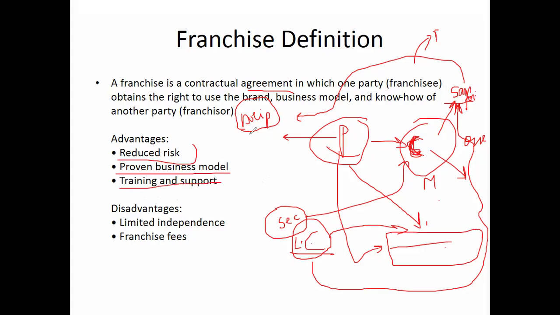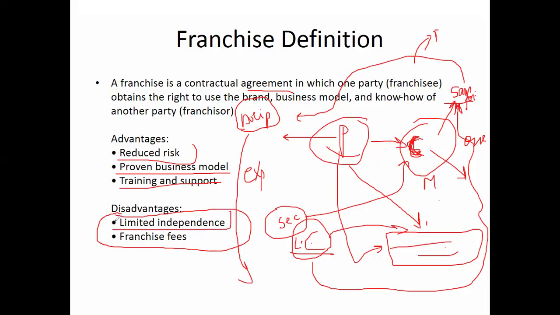When we manufacture this product, we will have experts from Sanofi that will help us install this product in our country. But we will have these disadvantages: it is limited in independence, we do not have a very high degree of independence, and also we have to pay some fees to the franchise company.